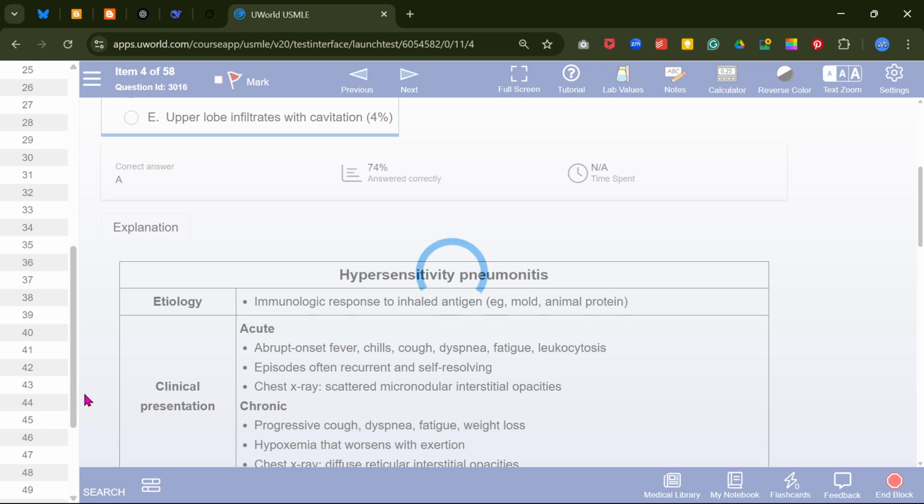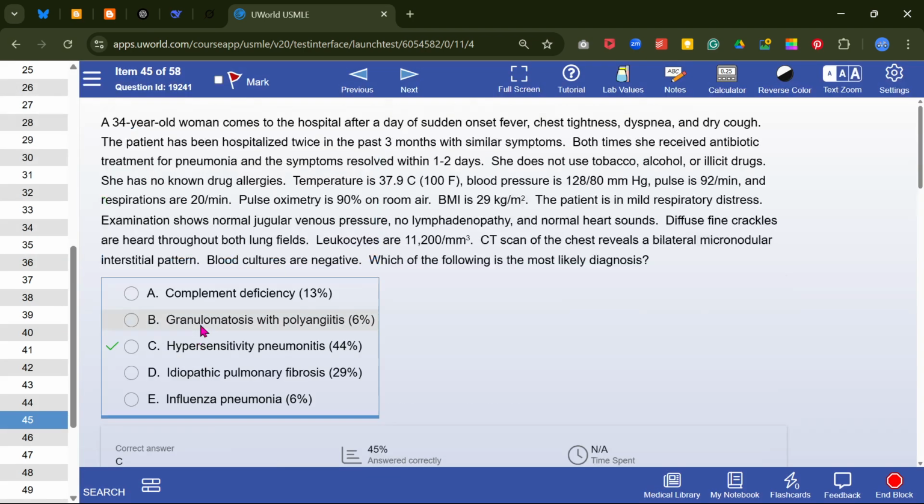Another question regarding this: a 34-year-old woman comes to the hospital after a day of sudden onset fever, chest tightness, dyspnea, and dry cough. The patient has been hospitalized twice in the past 3 months with similar symptoms.